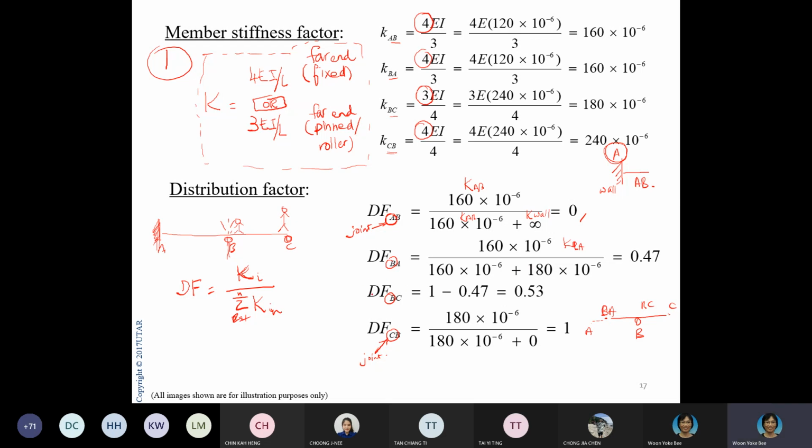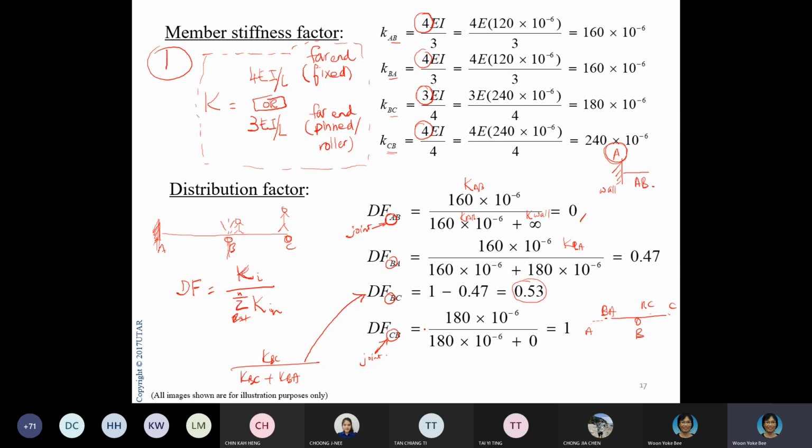Likewise with BC, if you don't want to use this method, you can take KBC divided by KBC plus KBA, and you will still arrive at this. The reason why we put 1 is because this is a ratio, so if you add up all the distribution factors, it should be equal to 1. So you just take 1 minus that, and you get the distribution factor for the remaining member.